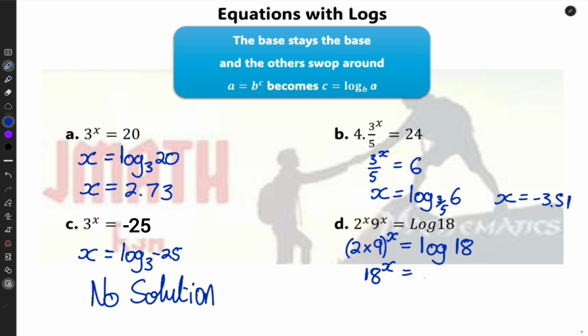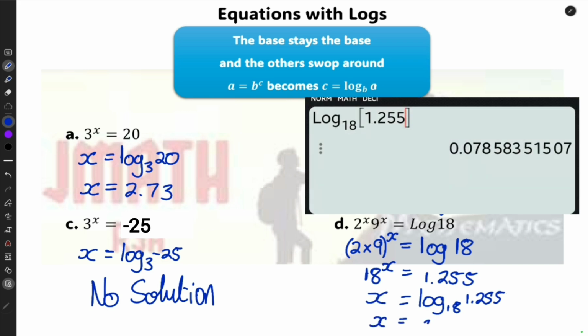So then I can say this is 1.255. And then in the next step, I am just going to rewrite this into log form. So log 18 of 1.255 should be equal to x. And therefore, x is equal to 0.078. So I'm just going to round off to 0.08.